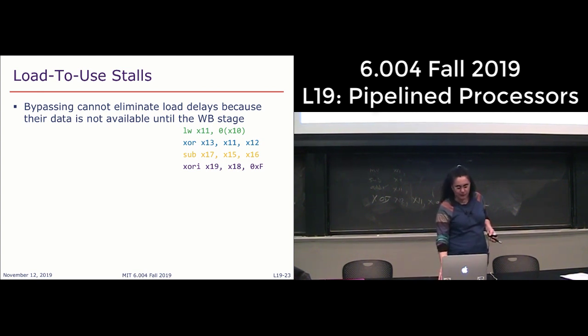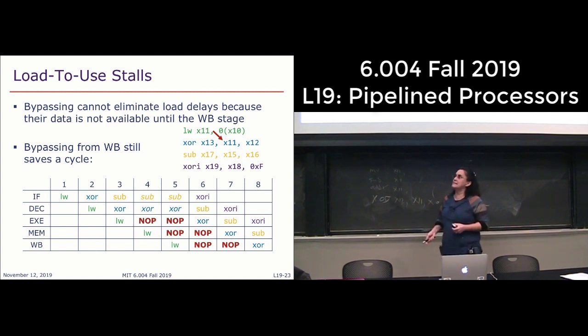So let's take a look at why. So here's basically what our pipeline diagram looks like in this situation. So my load is proceeding through as expected, and my exclusive OR comes into the decode stage in cycle 3. But the result of the load is not available in cycle 3, right?